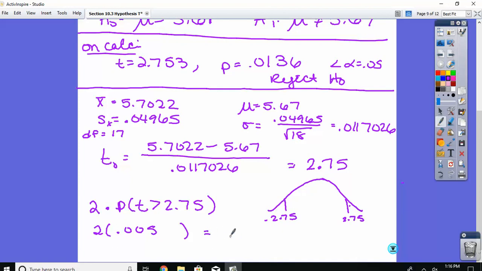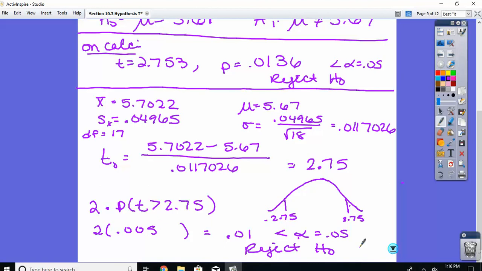If you take that times 2, you get 0.01. Is that less than 0.05? So we still reject. Okay, so this method's not great because we're estimating. The calculator is better for this one because it is much, much more accurate.